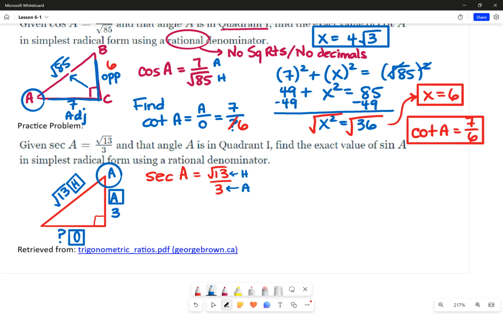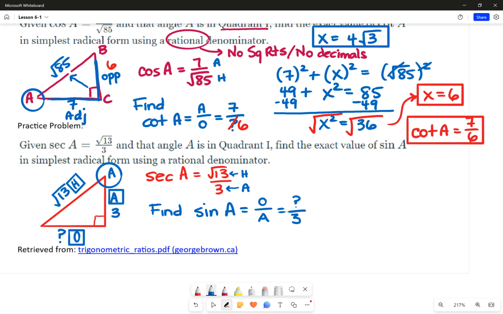Okay, so we need to go find, which is the one we're looking for, sine A, sine of angle A. Now, the sine of angle A needs O and it needs A. All right, O we don't have, so that's still a question mark. And A we have, it's a 3. So I need to go find O.